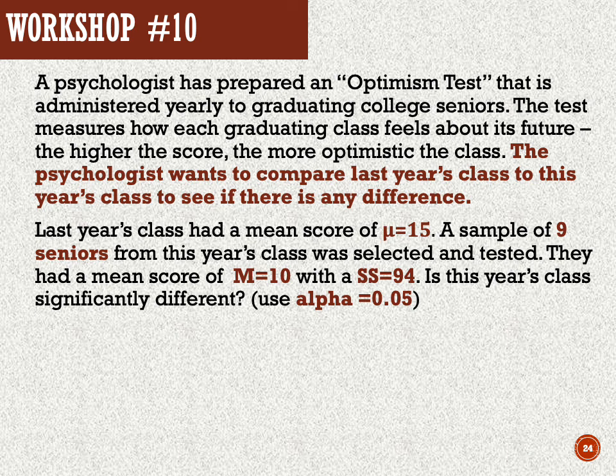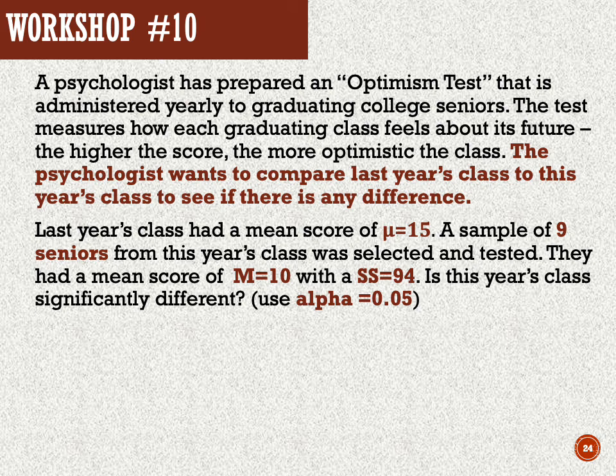Last year's class has a mean score of mu equals 15. A sample of 9 seniors from this year's class was selected and tested. They had a mean score of M equals 10 with a sum of squares equals 94. Is this year's class significantly different? So we're going to use alpha equals 0.05.